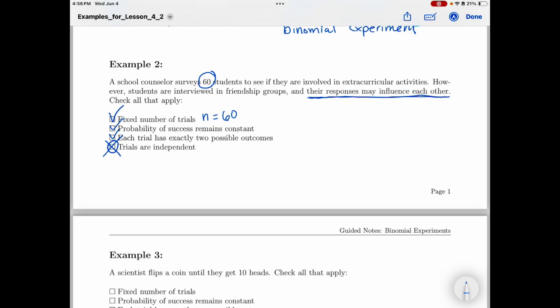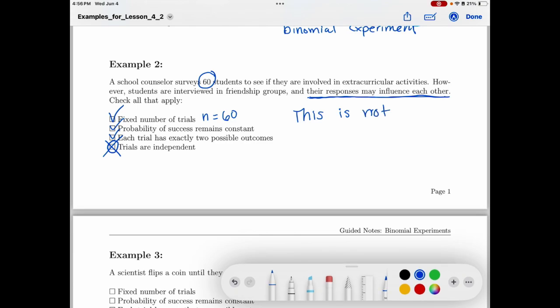So the trials are not independent. One outcome might affect the other. Because the trials are not independent, we would say this is not a binomial experiment.